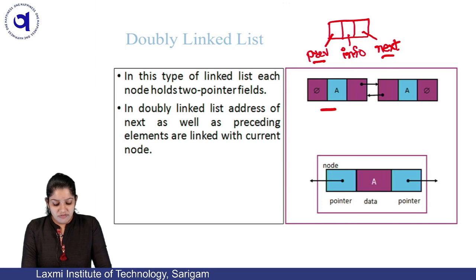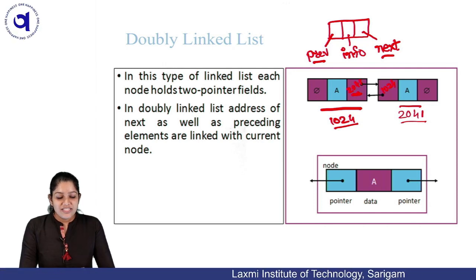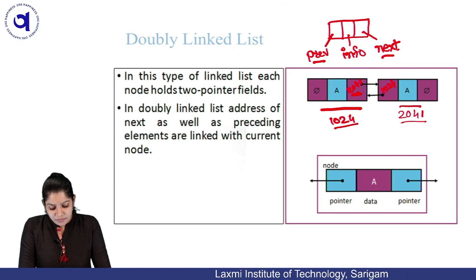So here this is my first node. Suppose its address is 1024 and the next node's is 2041. So here the address of the next node is 2041, and in the second node the address of the previous node is 1024. As you can see, the previous part of the first node is null.